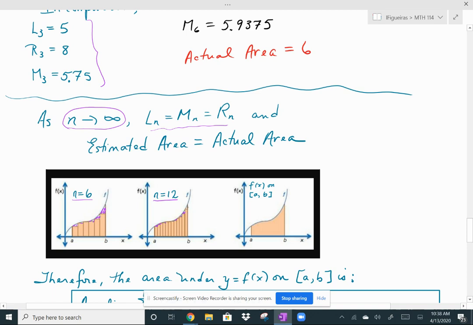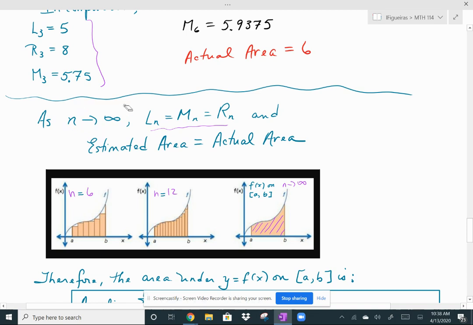So with n equal to 12, I would have a better estimate than when n is equal to 6, but it's still not perfect. Now, when n approaches infinity, well, these rectangles are so tiny and so close together that you actually are not missing or overcounting anything. This was 12 and this was 6. So you end up with this. So this is an exact area under the curve.